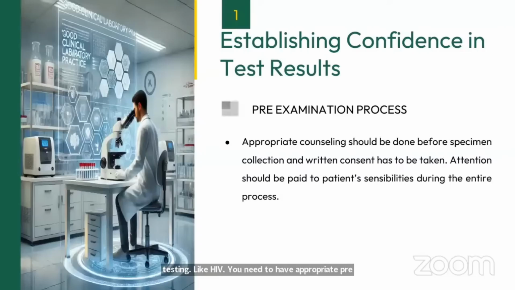What should be included in this pre-counseling? What this test is, what is the purpose of this test, what can be the result, what is the implication of the result, and other related information about those tests. This should be informed to the patient appropriately during the counseling session, and written consent must be taken.